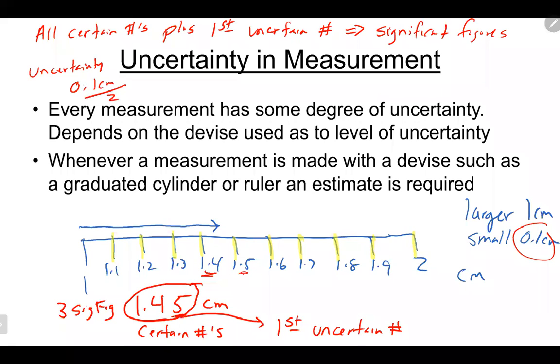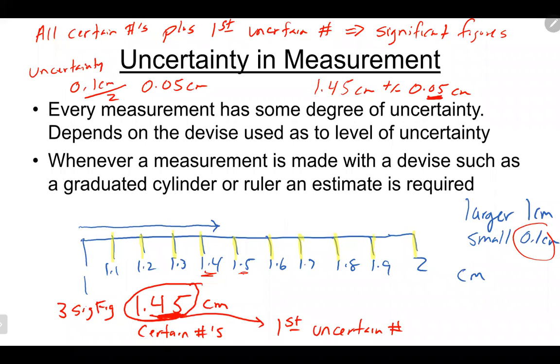When we take 0.1 divided by 2, we get 0.05 centimeters. That's the plus or minus, if you will, and sometimes how people will report this value. They will report 1.45 centimeters plus or minus 0.05 centimeters. It basically means we take the reading to the second decimal place. That tells you how far you could take it, which is basically the tolerance of the equipment.